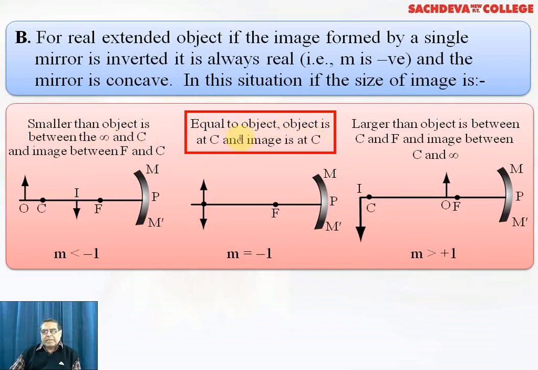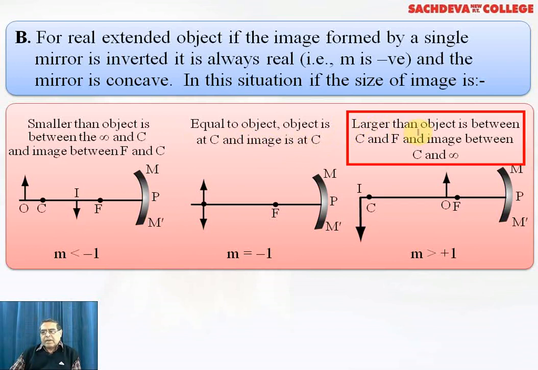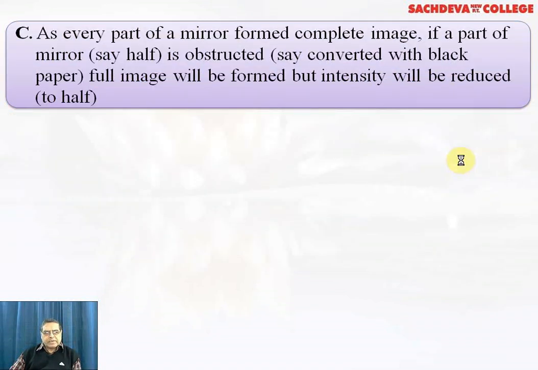That is, the size of image and object are equal, and the object is at C and the image is at C. In the third figure, that is the right figure, the image is larger than the object; the object is between C and F, and the image is between C and infinity. So these are the positions of images for the various positions of the object.